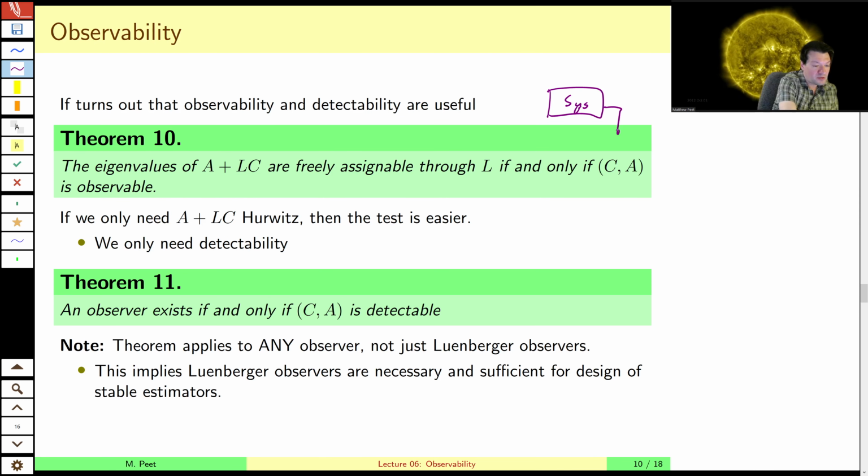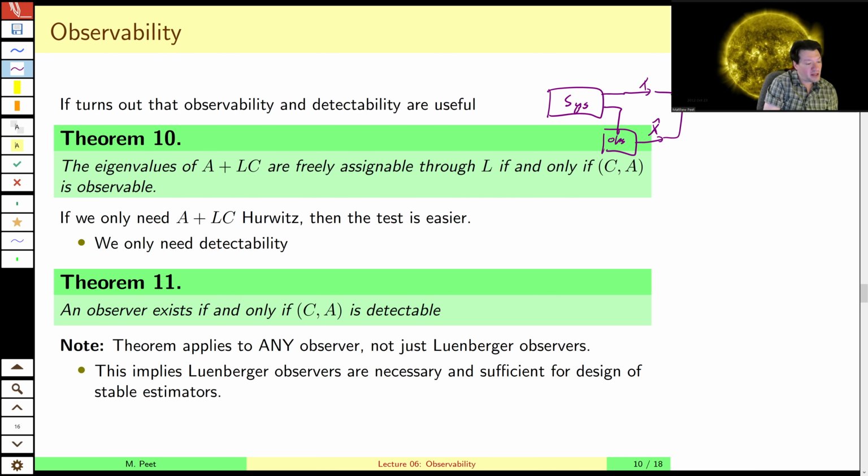We have an output from the system going to an observer. We have the actual state of the system. We have the estimate of the state from the observer. And we want that error to go to 0, for any initial condition, basically.